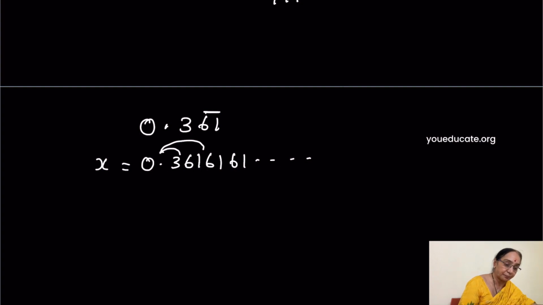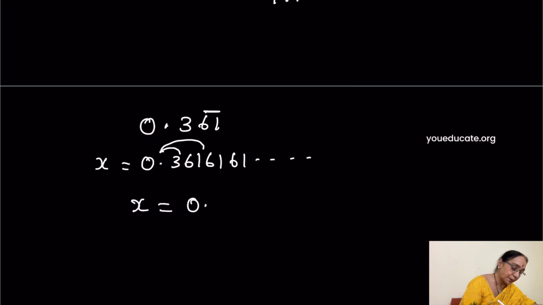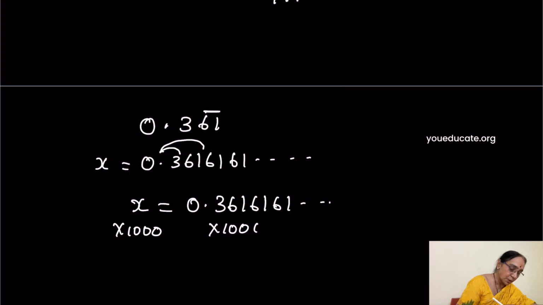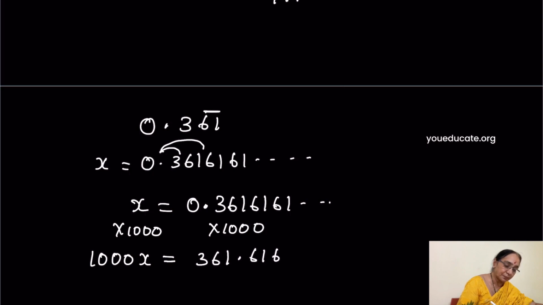and again another multiplication to move the decimal point after the 3. So I'm going to write this once again, 0.3616161. First I multiply by 1000. So I get 1000x is equal to 361.6161, only 61 repeats.